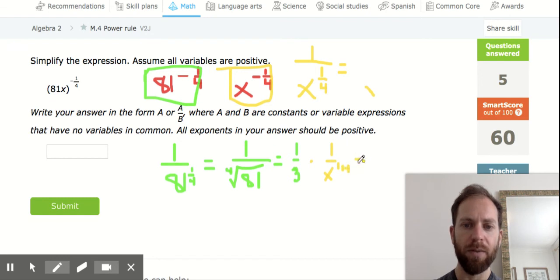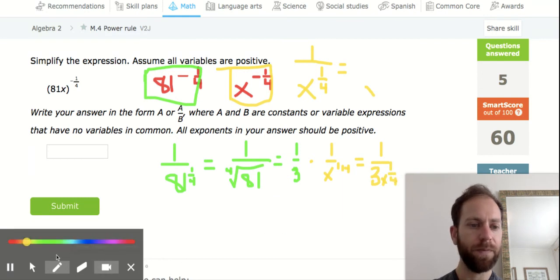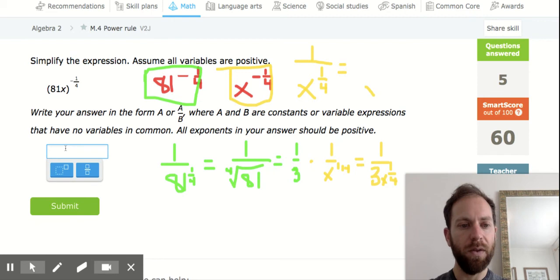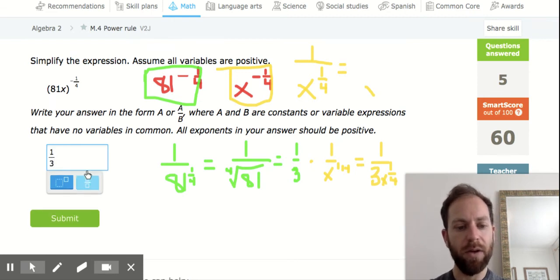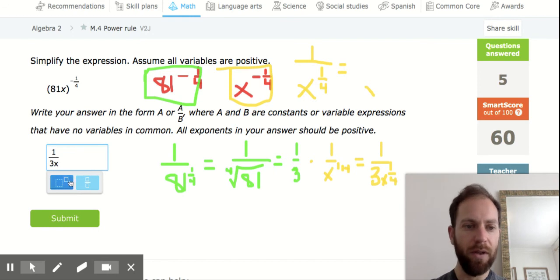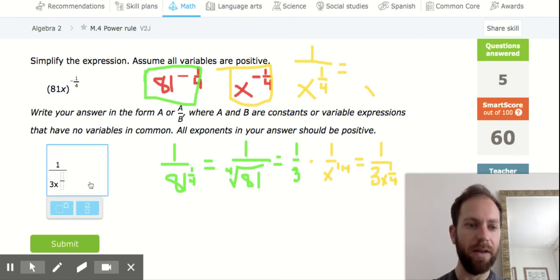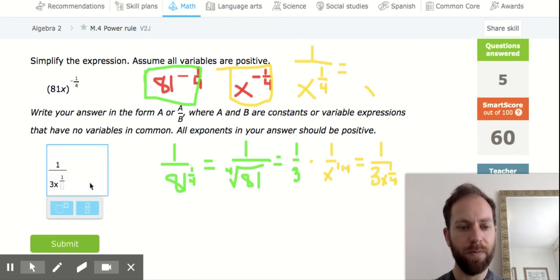On top, you'll just have 1. And on bottom, you'll have 3x to the 1/4 power. So make sure that you have your numerator and your denominator, and then if you have a fractional exponent, that you press this and this as well.